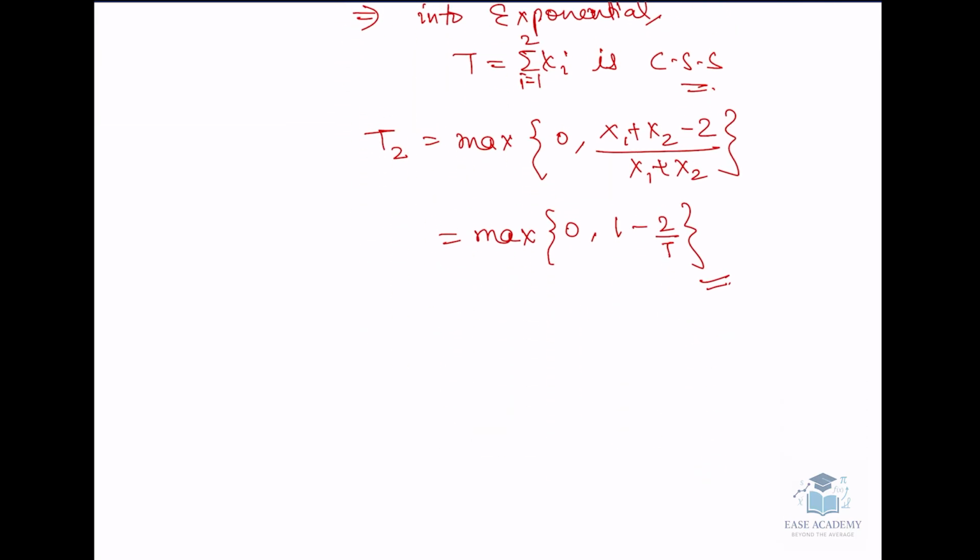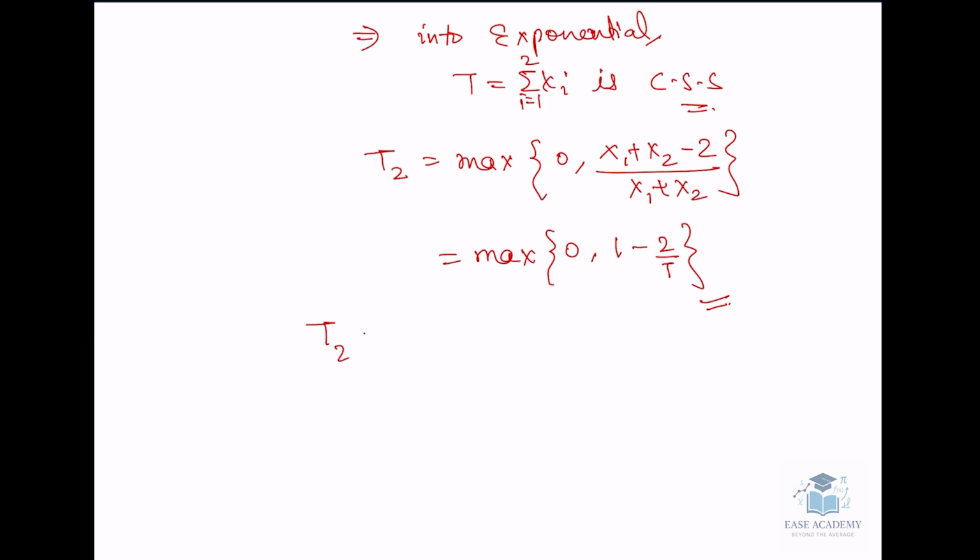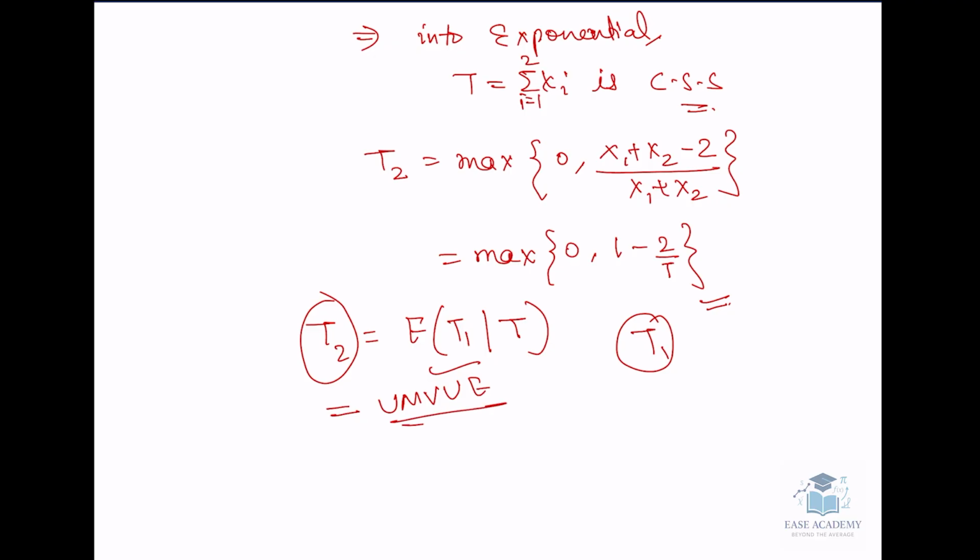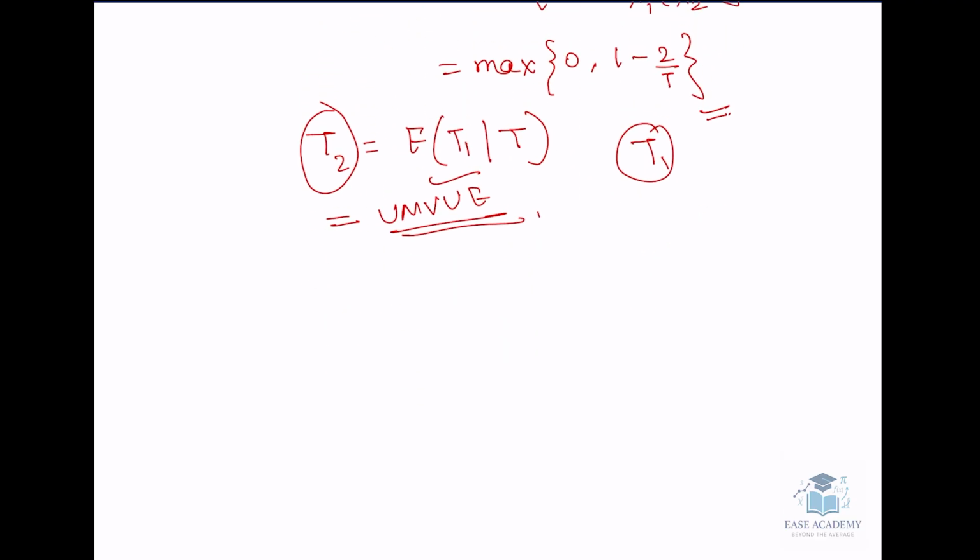If we prove that T2 is equal to the expectation of T1 given the complete sufficient statistic T, since T1 is an unbiased estimator, then by definition we can say that T2 is the UMVUE. So let us check the expectation of T1 given T.